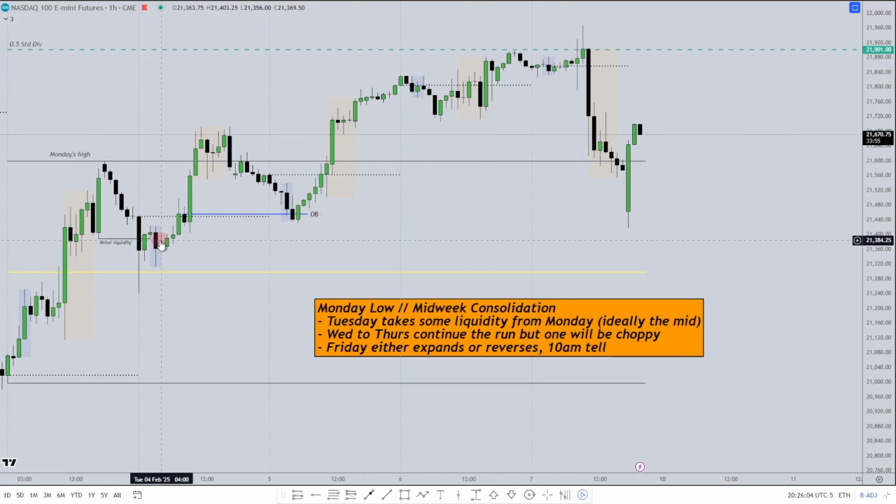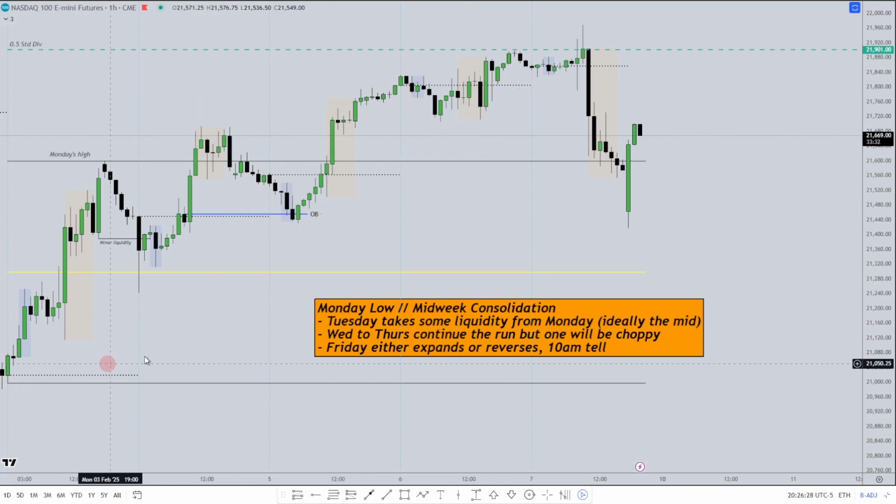So weekly range in the back of our mind, intraday profiles in the forefront of our mind, each day looking for a signature where we can engage with the market. One thing about these Monday lows, always anticipate that there's going to be one day, Wednesday or Thursday, somewhere in the middle is going to get a bit choppy, and we can see that happened on Thursday here.